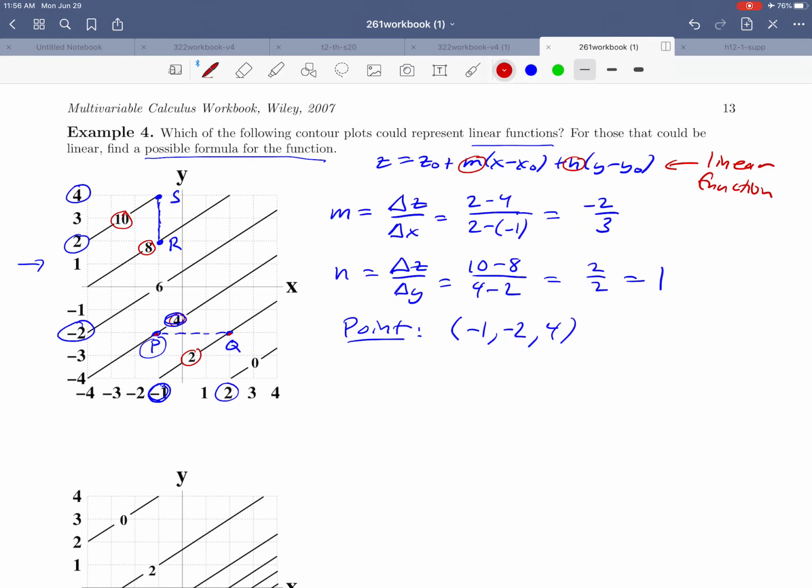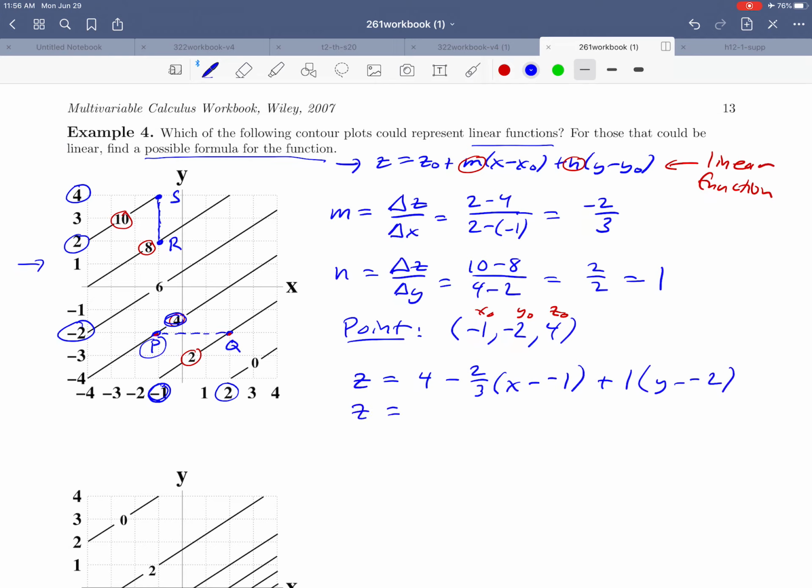We're ready now to write our equation. Those three numbers are just the x0, y0, and z0. Going back to the formula at the top and filling in the pieces, we get z equals z0, that's 4, plus our m, which is -2/3, times x minus x0, that's x minus -1, plus n, which is 1, times y minus y0.